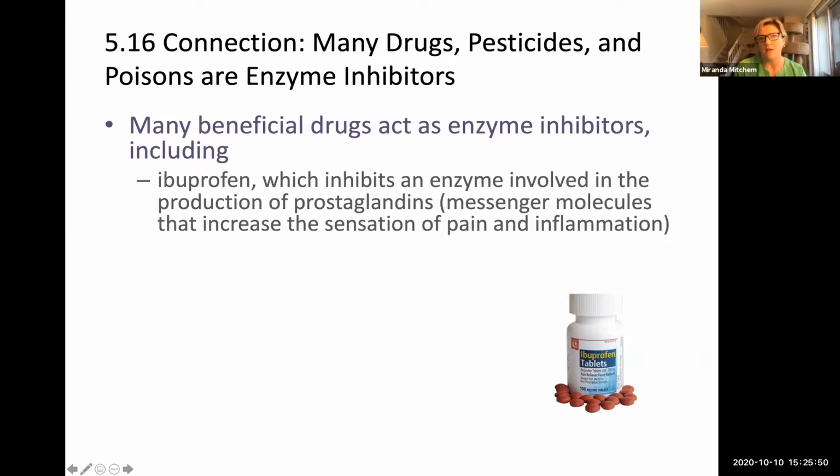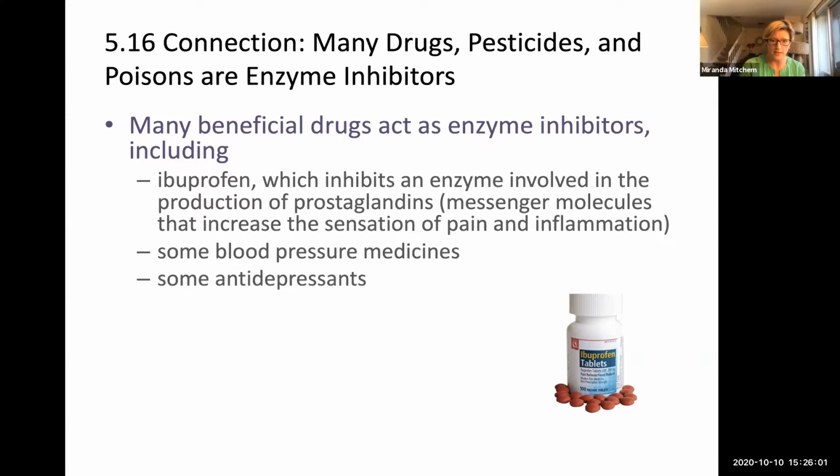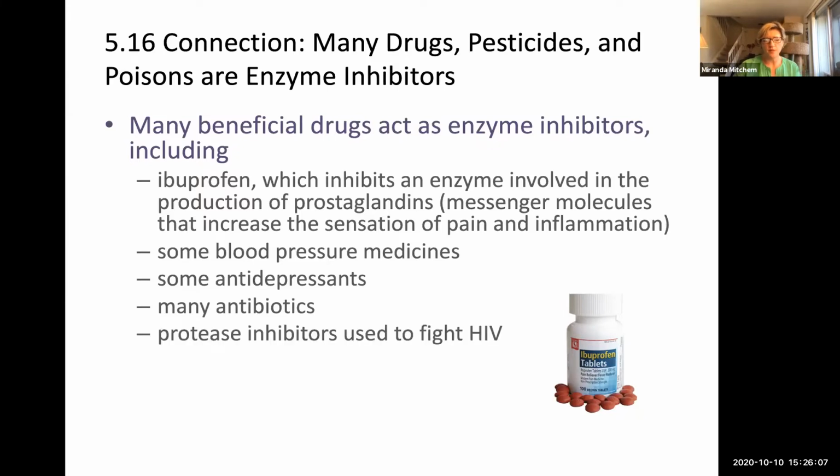So it's an anti-inflammatory as well as treating pain. Acetaminophen just treats pain. There are different classes of blood pressure medications that are enzyme inhibitors, for example, the ACE category of blood pressure medicine. There are antidepressants, many antibiotics. There are even antivirals that are inhibitors.